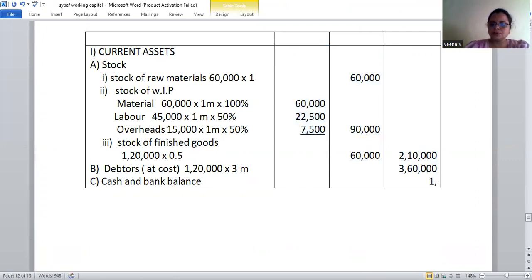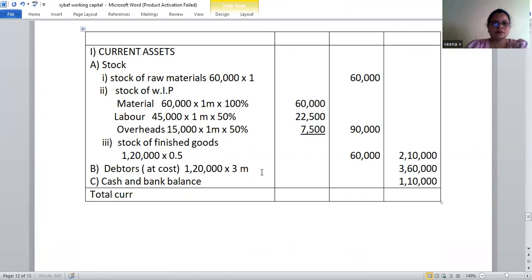Now make the total of these three. This will be your total current assets. The total will be 2,10,000 plus 3,60,000 plus 1,10,000, that is equal to 6,80,000. Okay, this will be your total current assets.